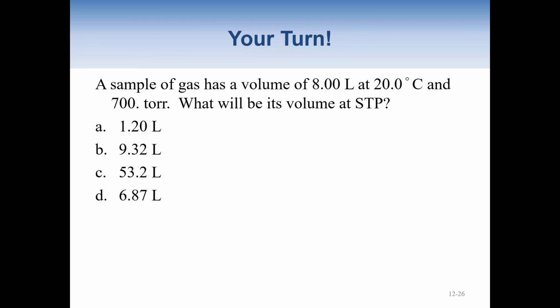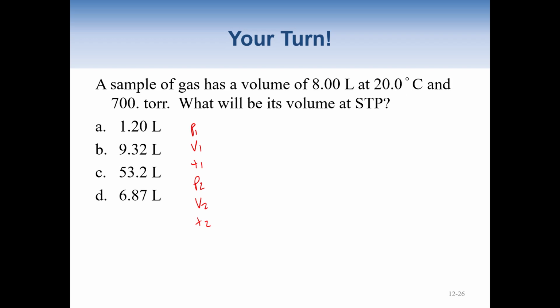All right, you can pause the video and work through this one. Okay, a sample of gas, and we're going to write down our variables, P1, V1, T1, P2, V2, T2.